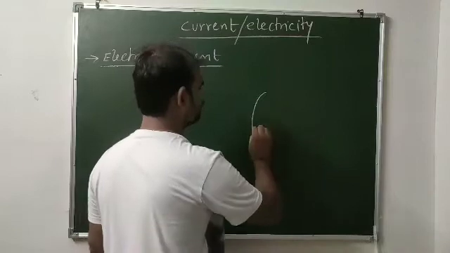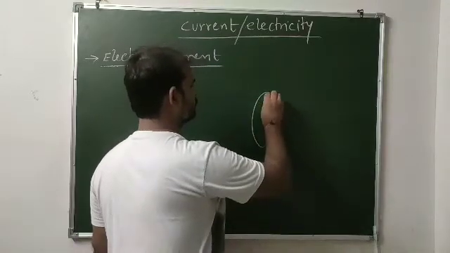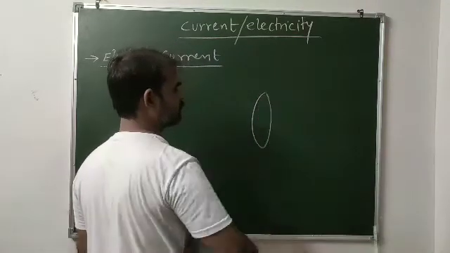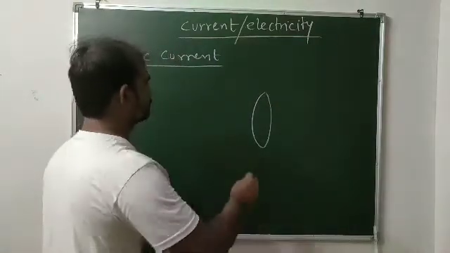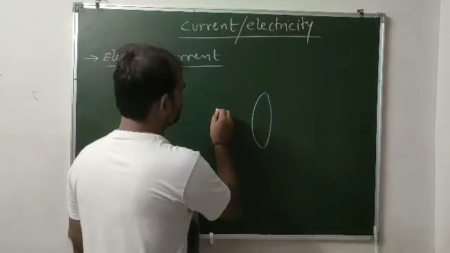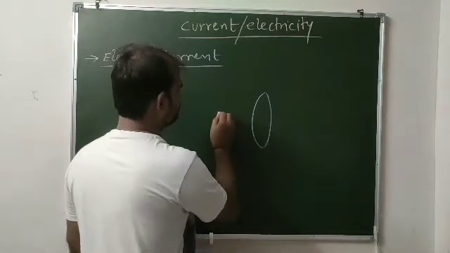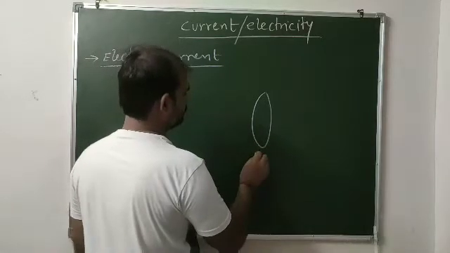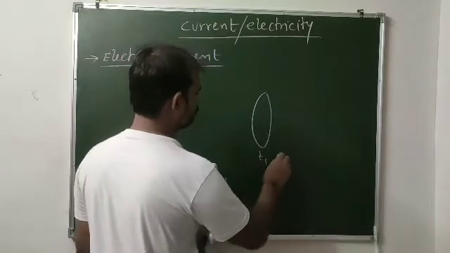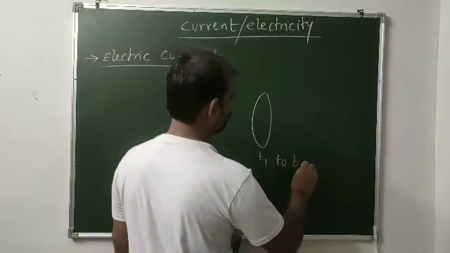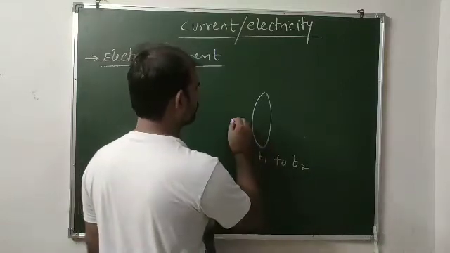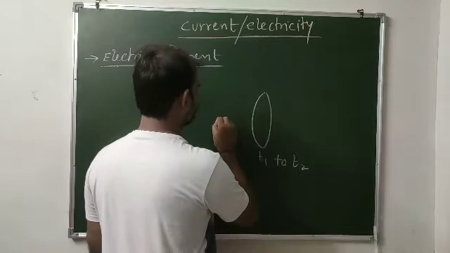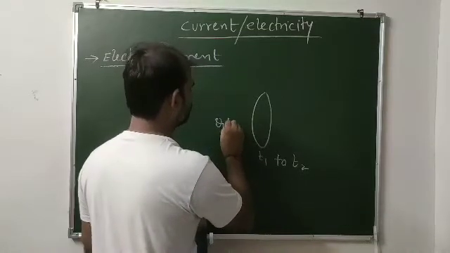Suppose this is the section of a wire. In time T1 to T2, the amount of charge that passes through it was Q1 to Q2.